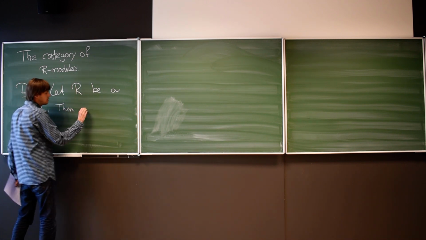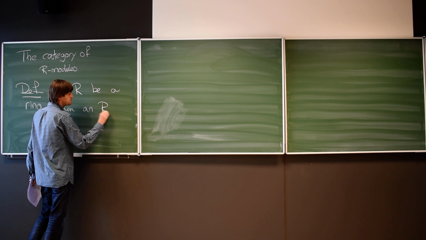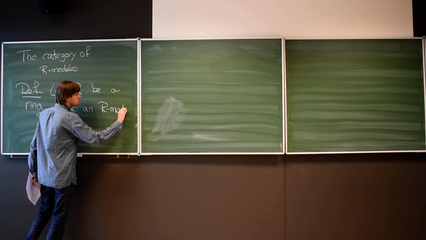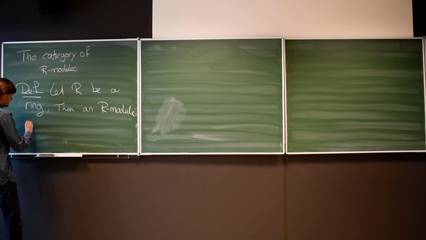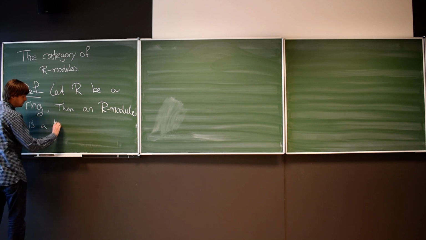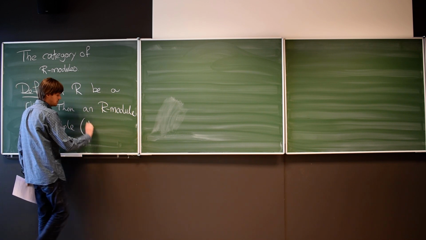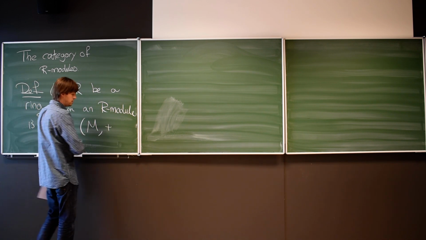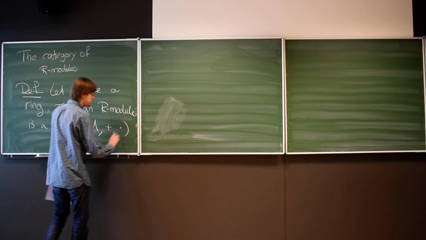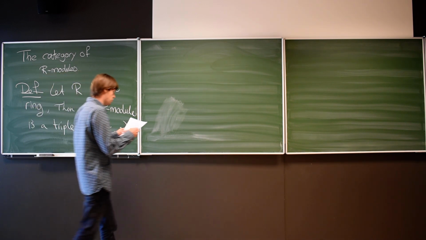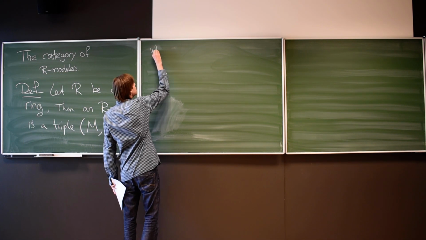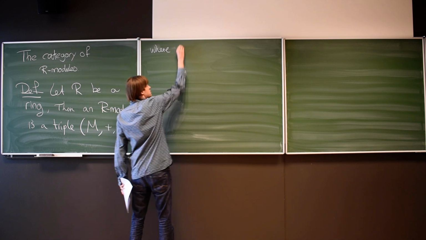Then an R module is a triple consisting of three things: a set, a map, and another map. M is a set, like I said.